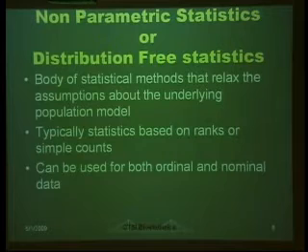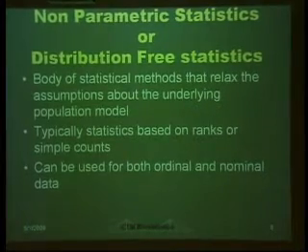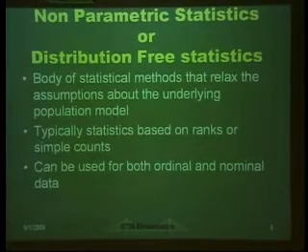So non-parametric statistics, as I said, is a whole body of alternative statistics that are available. They're sometimes called distribution-free statistics, if you go to the literature, because we don't assume any underlying distribution for the data. They're good for populations other than normal distributions. In fact, they're good whatever the underlying distribution is, and you don't have to make any assumptions about them.